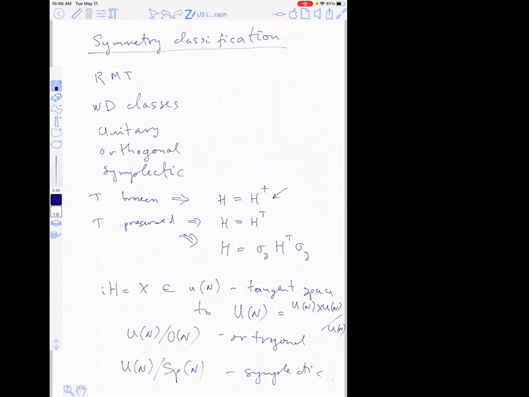It can be broken by a magnetic field, or by magnetic impurities. So if the time reversal symmetry is broken, this is the problem. It's a sigma model on a particular manifold that I wrote on the previous page, the unitary class. So I'm not sure what the question is really.